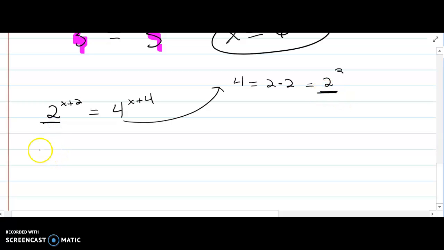Now I can rewrite my problem as 2 to the x plus 2 is equal to 2 to the second, to the x plus 4. Well, I multiply these together, so now I have 2 to the x plus 2 is equal to 2 to the 2x plus 8.